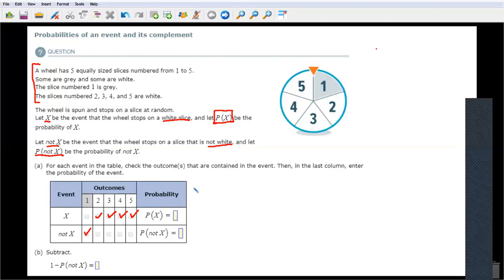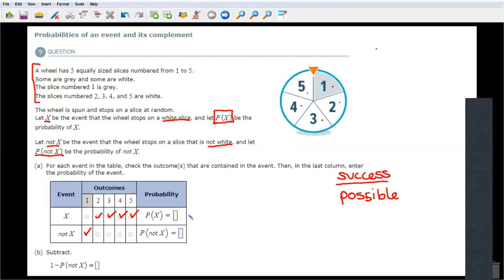If you remember from the last topic, when we were dealing with probability, we had a fraction, and the bottom was the possible outcomes, whereas the top was the ones that made our situation happen or made it successful. So here, we have 5 possible outcomes. We have 5 different locations that the wheel could land on.